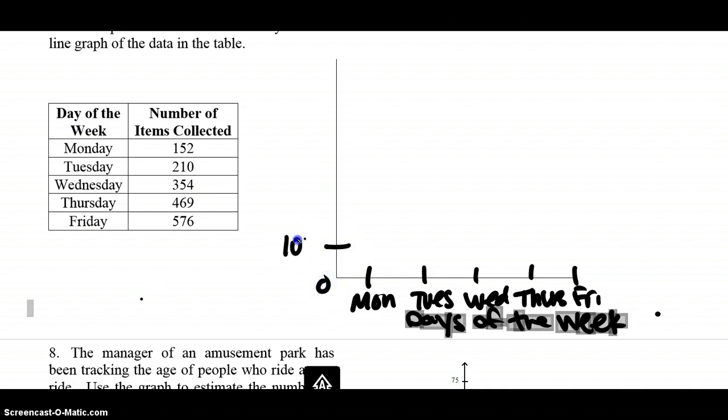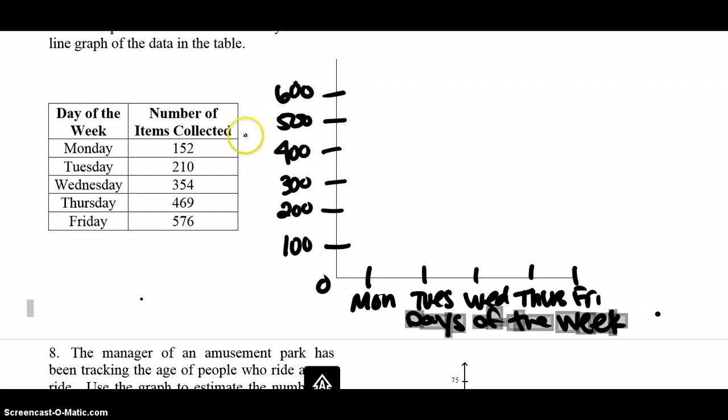So 0, 100, 200, 300, 400, 500, and 600. Make sure they're equally spaced as best as you can. So this is the number of items.